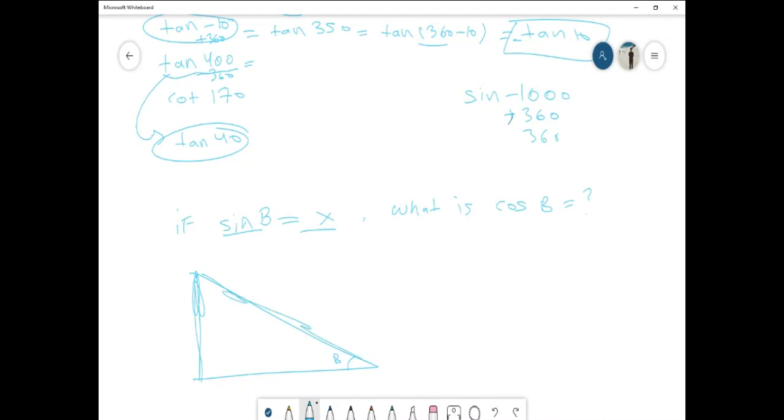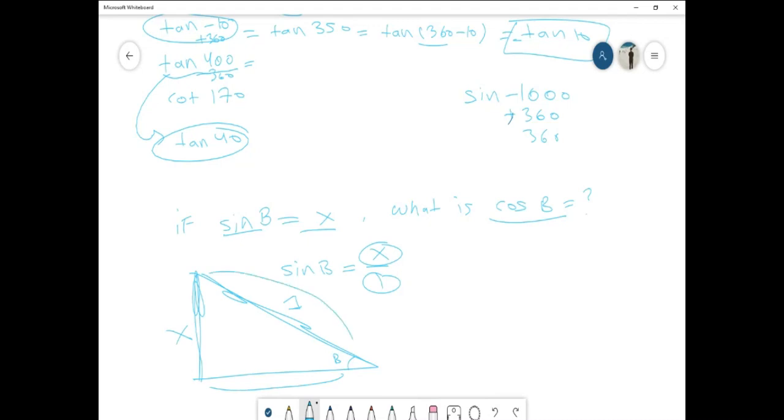When you have these types of questions, you draw a triangle. This is my triangle. Let's say this is angle beta. Sine beta is x. That means opposite over hypotenuse is x. I can write it like this: sine beta is equal to x over 1.